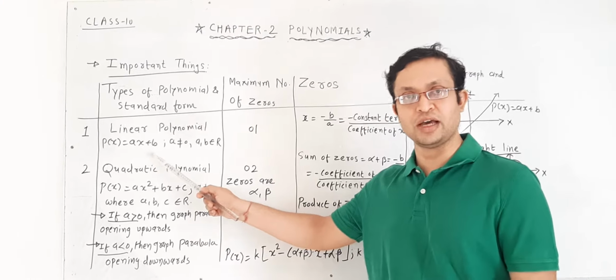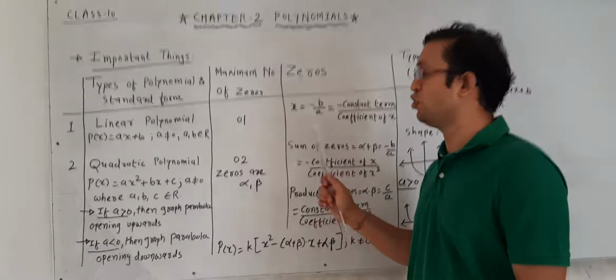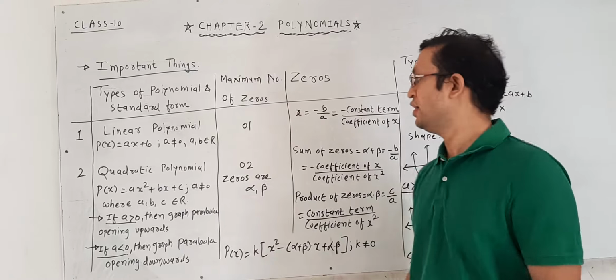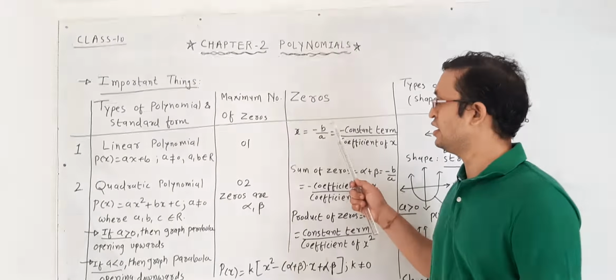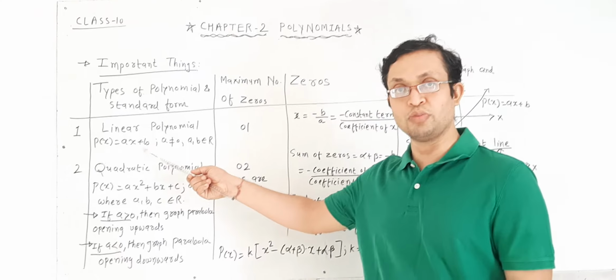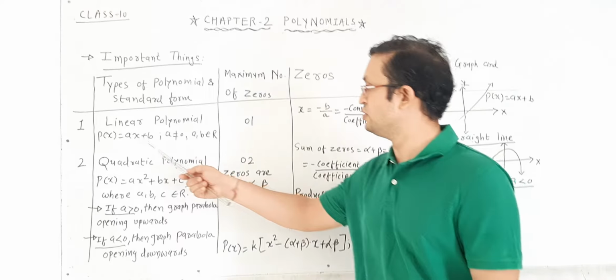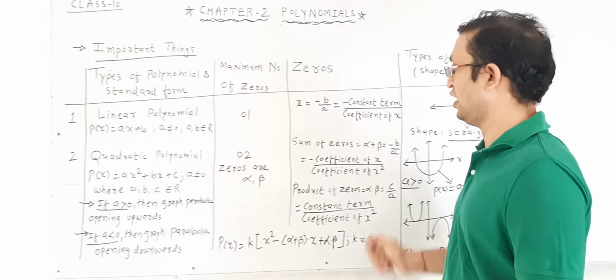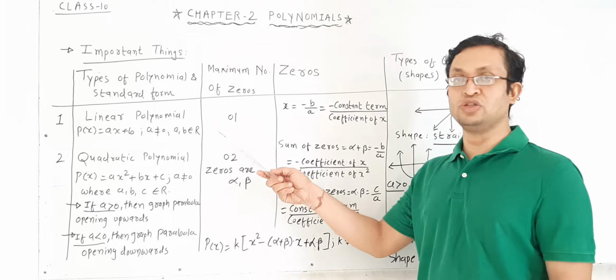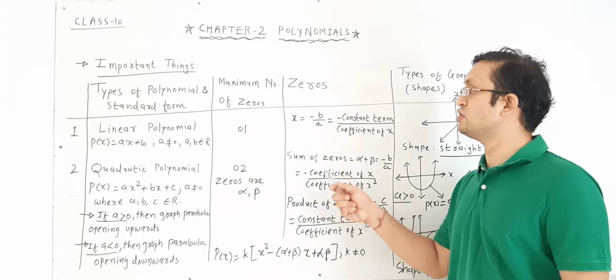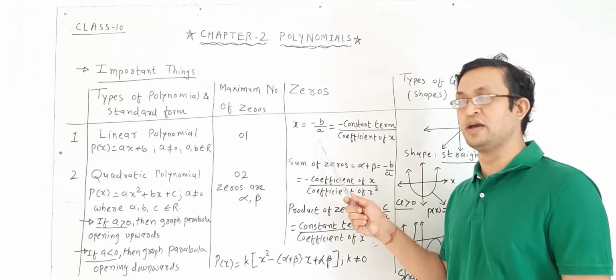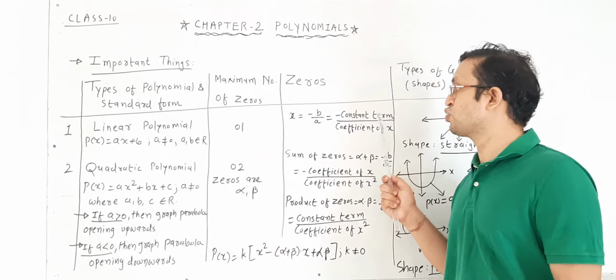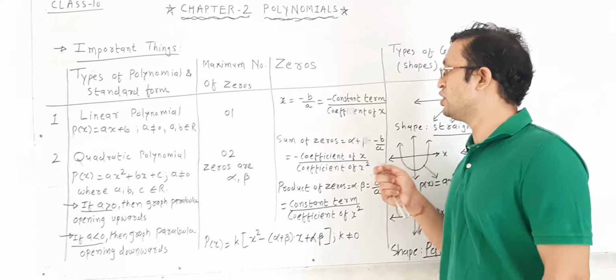Find the value of x, therefore x is equal to minus b divided by a. B means the constant term of the polynomial and a means the coefficient of x. So x is equal to minus constant term divided by coefficient of x.